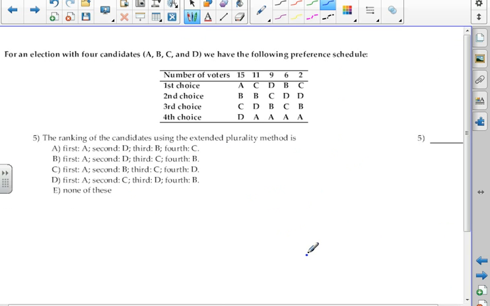Uh-oh. Extended majority. All right, and we want to find the ranking. Okay, very good. Is A the first place winner? Yes. So A is first place. So it could be any of those.